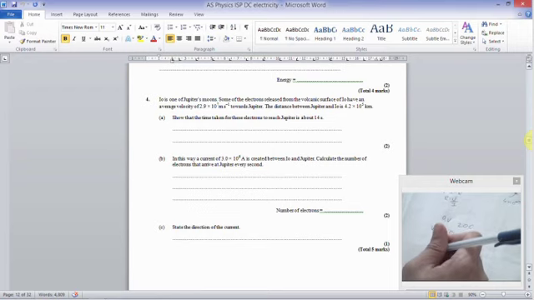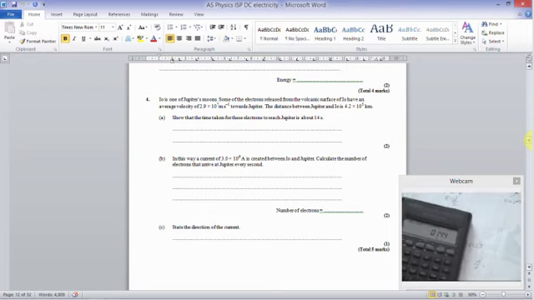Okay, so speed or velocity is equal to distance over time. Okay, therefore time is equal to distance over velocity. So we've got 4.2 times 10. Sorry, I haven't got the calculator in front of it. So 4.2.